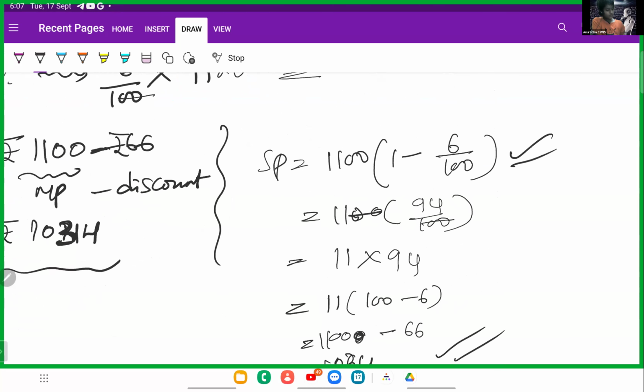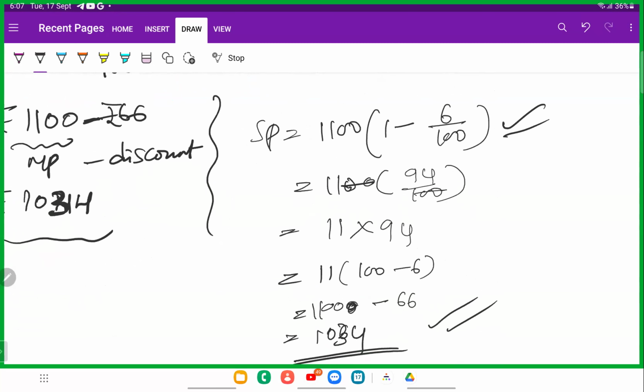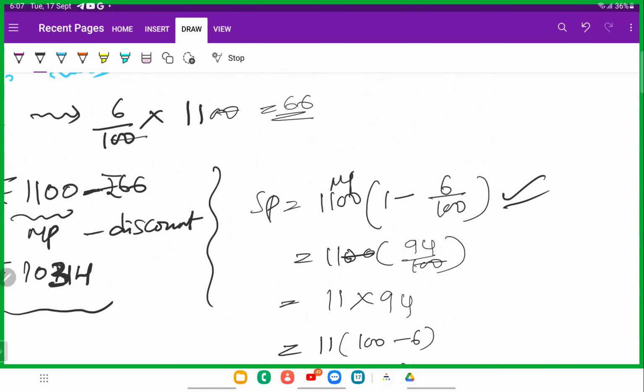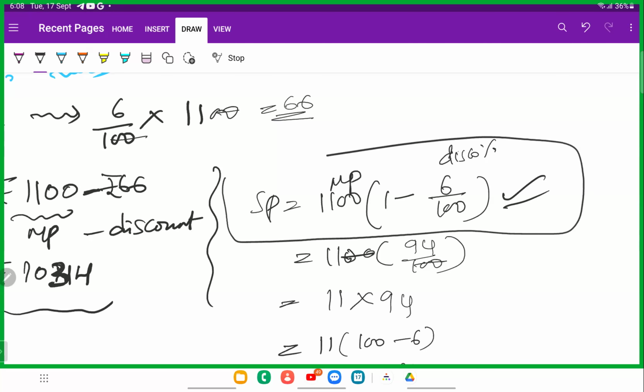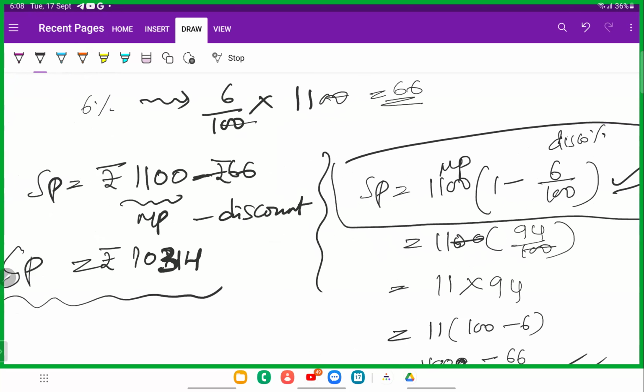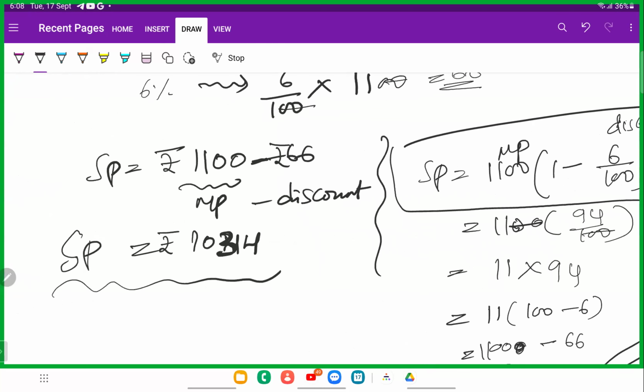Okay. Any confusion in understanding this? This is market price, this is discount percentage. So this is the formula. Any confusion, or else you can do it in this way. Either way will lead to a suitable answer.